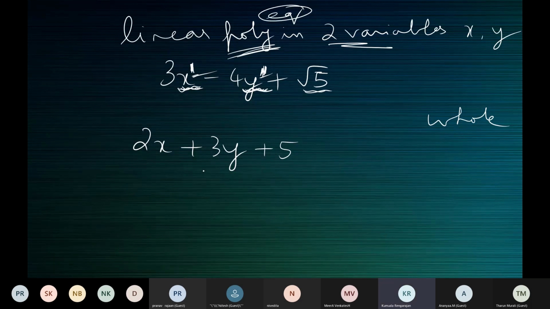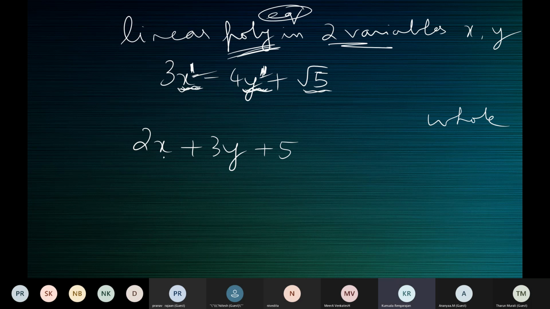See, every word you utter, you should understand what it means. Only then the entire thing makes sense to us. So this is an example of a linear polynomial in two variables x and y.